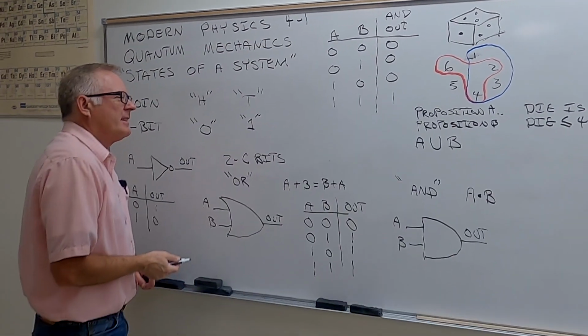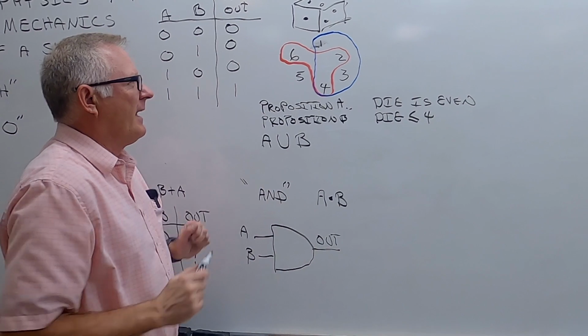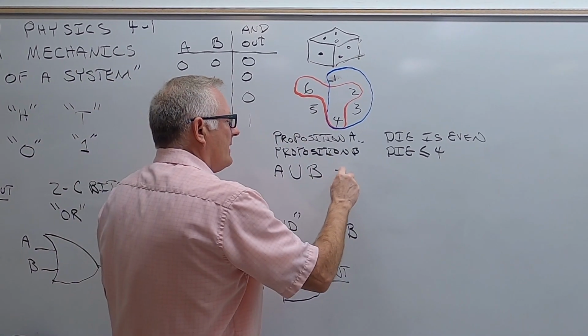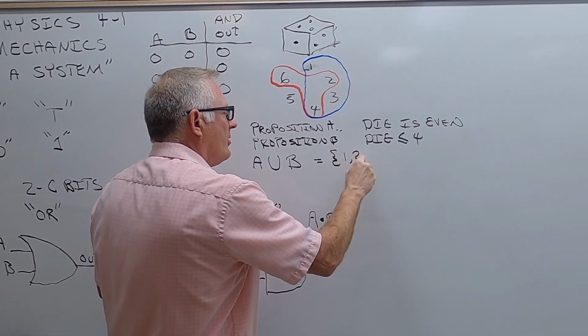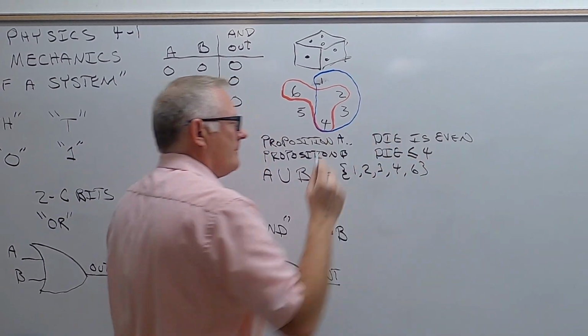Well, that's everything that's in both the blue and the red. It looks like it's all of them but 5. So that one is 1, 2, 3, 4, and 6.